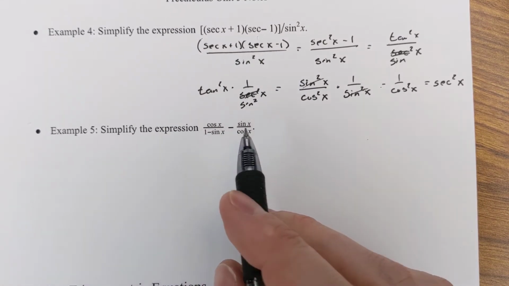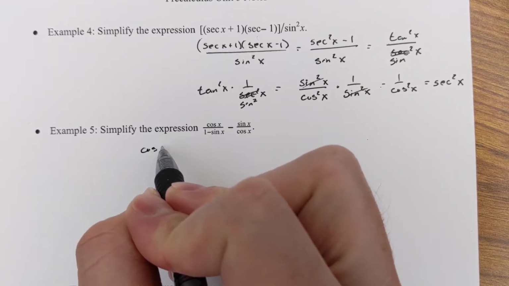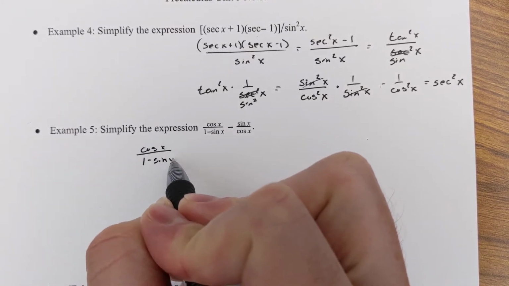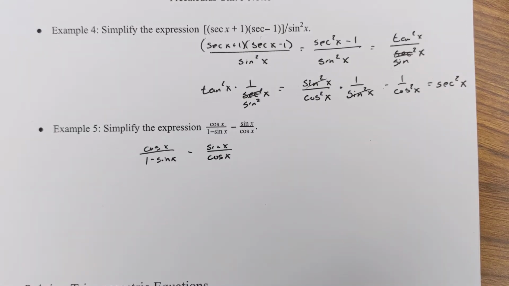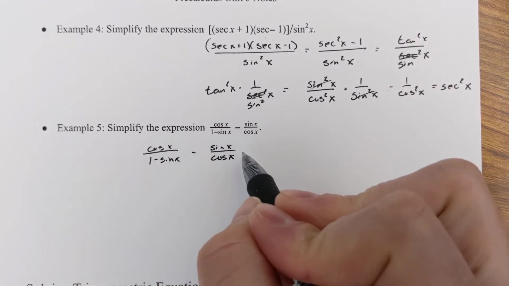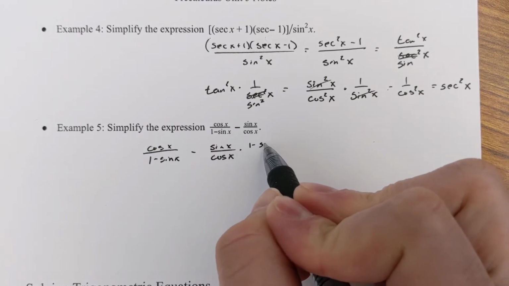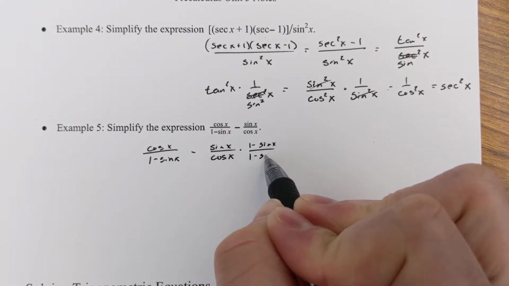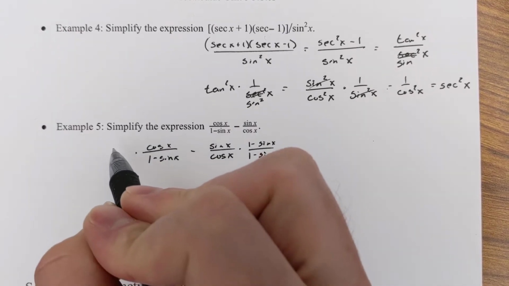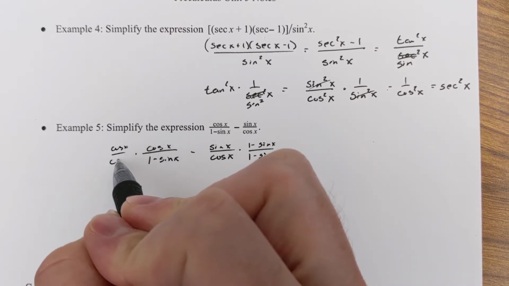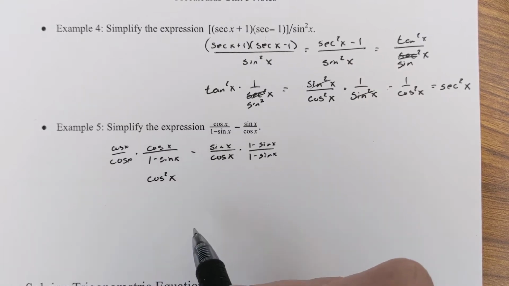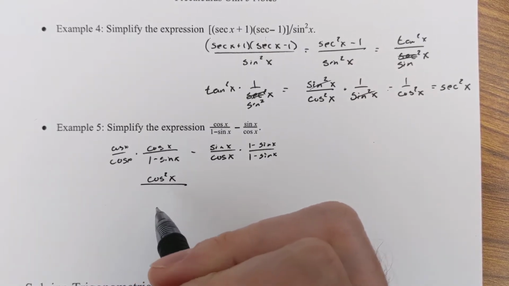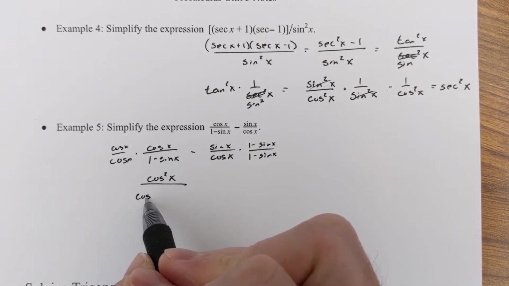All right, simplify this expression. We have cosine of x over 1 minus sine x, minus sine x over cosine x. To combine two fractions, I need a common denominator. So this one has to get multiplied by the cosine x, and this one has to get multiplied by the 1 minus sine x. So this first fraction becomes cosine squared x over the common denominator.